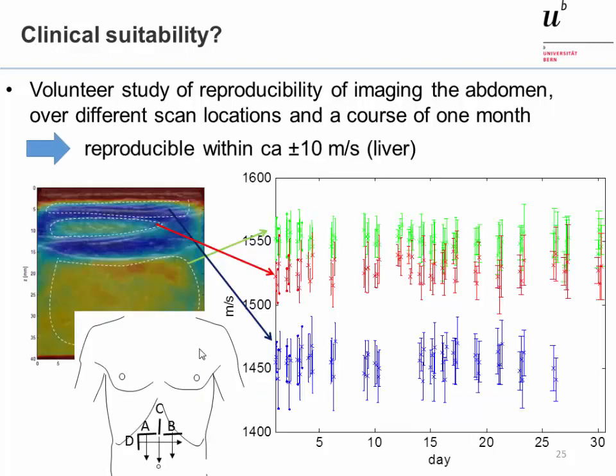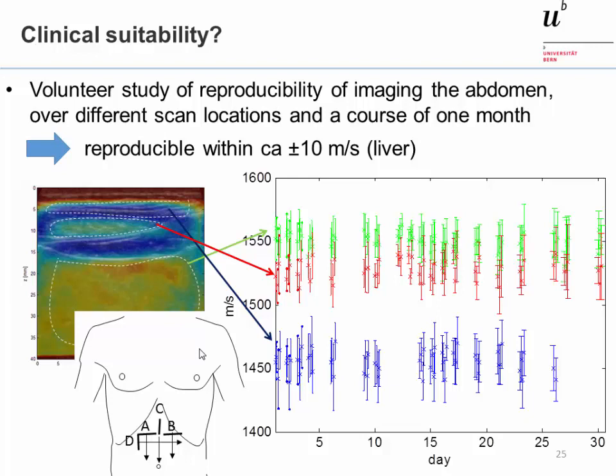And on the next slide, you see in this plot the average value and standard deviation of the speed of sound measured in different tissue regions. So here you see the liver, here you see the muscle, and here you see the subcutaneous fat layer. And you see that the speed of sound values are within the standard deviation reproducible.